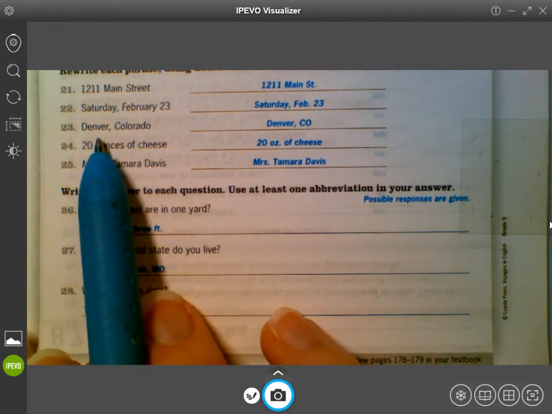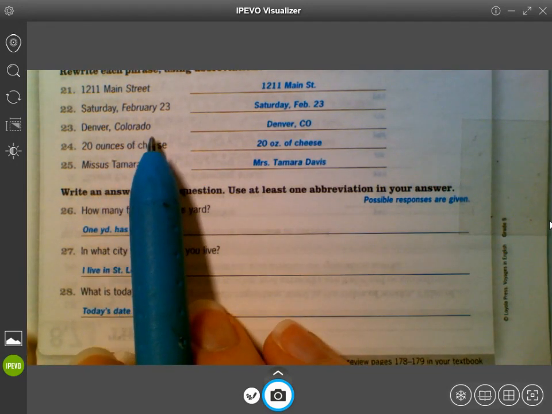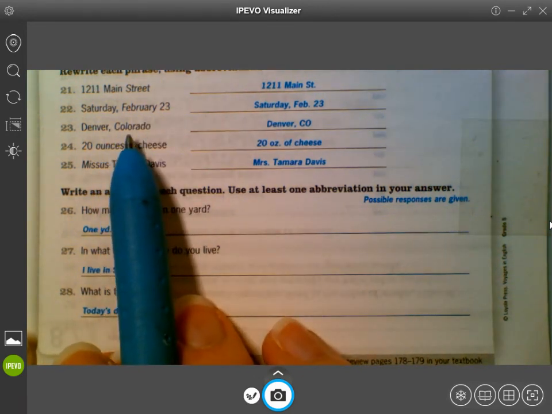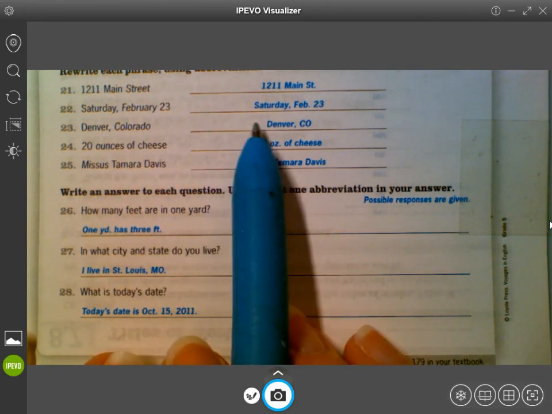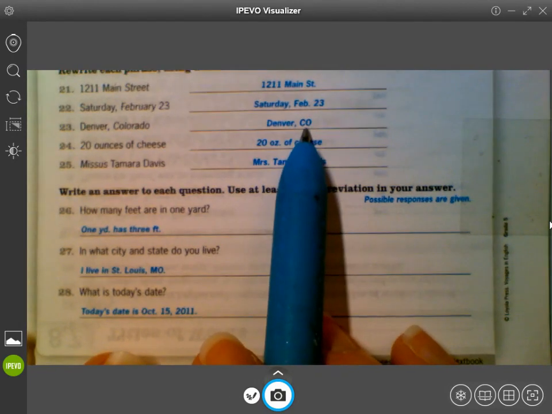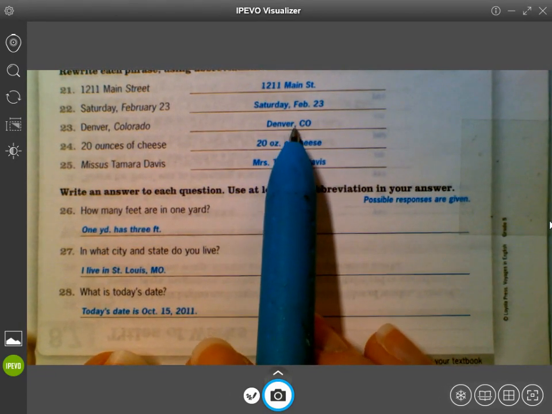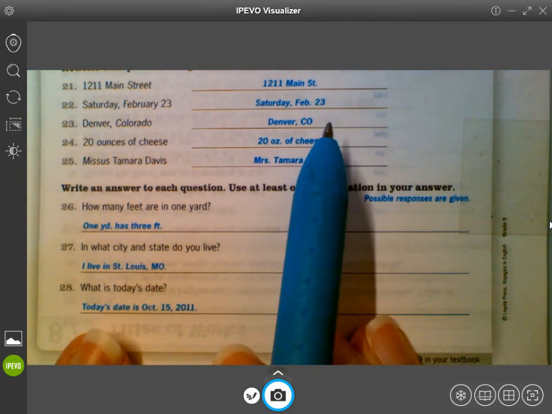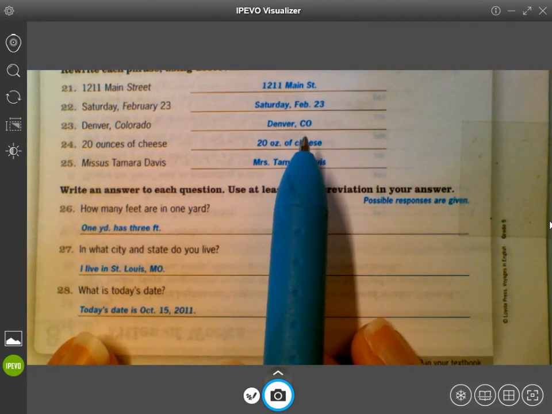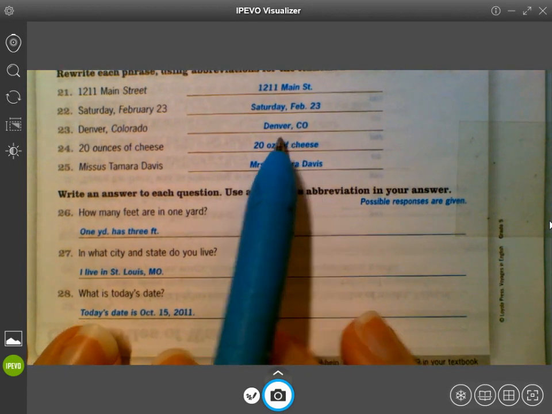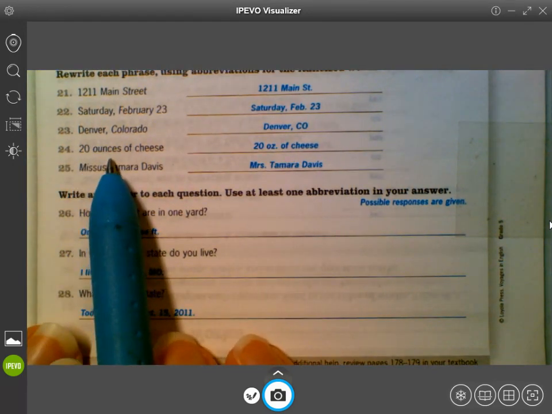Number 23, Denver, Colorado. Colorado is italicized, so we needed to abbreviate it, and you should have abbreviated it as capital CO. And notice that we still kept the comma between the city and the state, even though we abbreviated it. 24, 20 ounces of cheese.